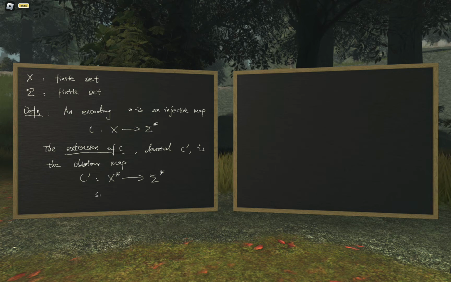So the idea is you take words in X, and the image will be a word in sigma defined by this expression. So that's encoding.